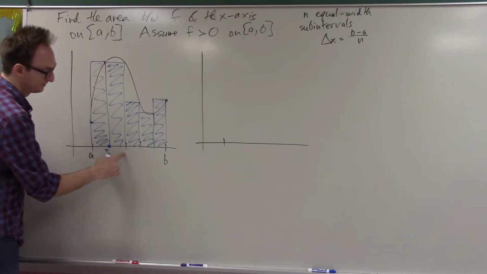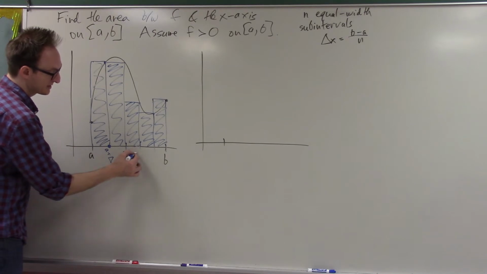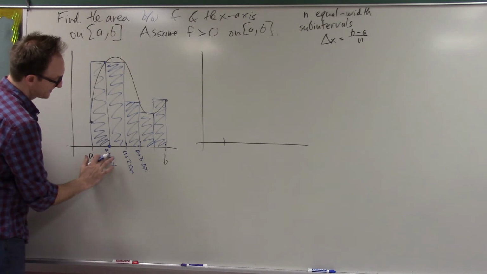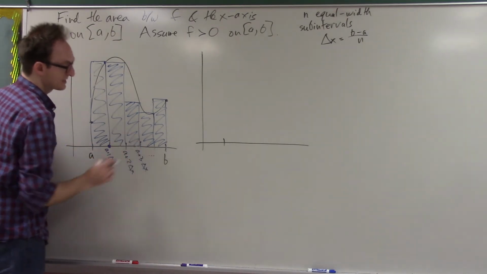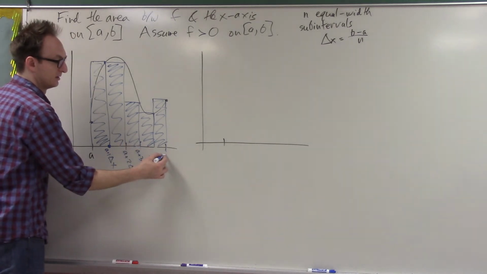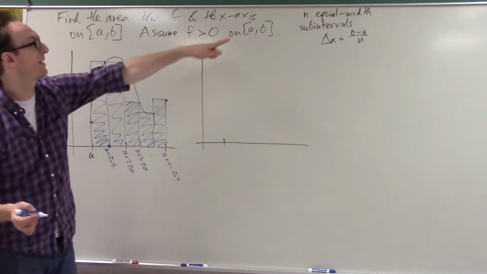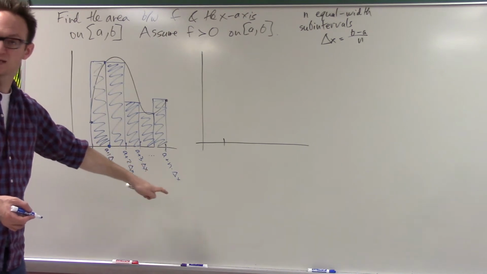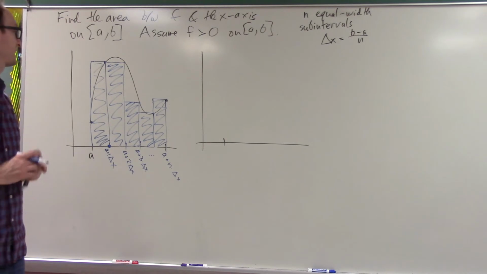And then the next one, a plus 2 delta x, and then a plus 3 delta x, etc. I could even write this as a plus 1 delta x, and then dot dot dot, and we get to the last one. What's the last one according to our pattern? A plus n delta x, keeping in mind that delta x is b minus a over n. The n's cancel, you get a plus b minus a, which is just b, exactly what it's supposed to be. So it's all looking good.